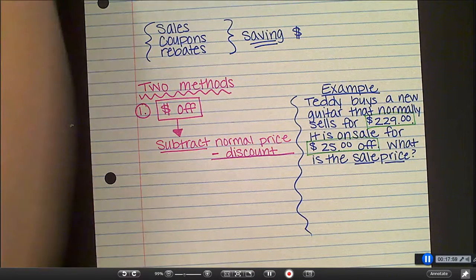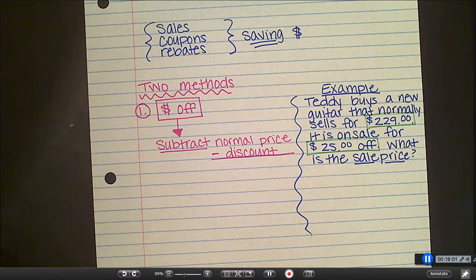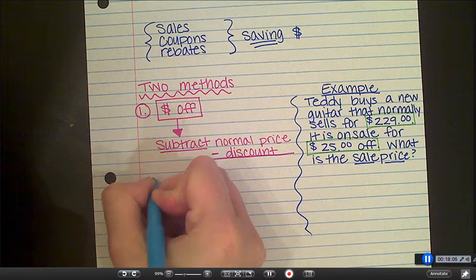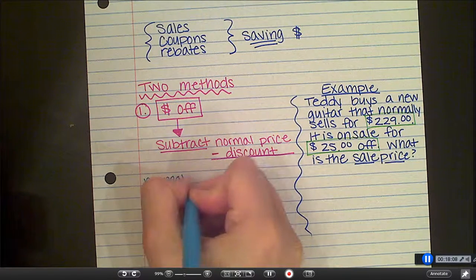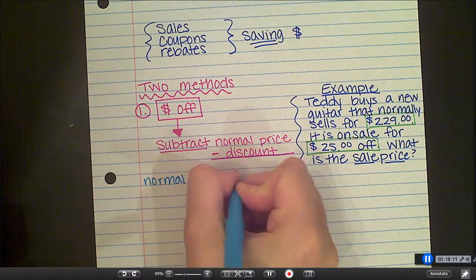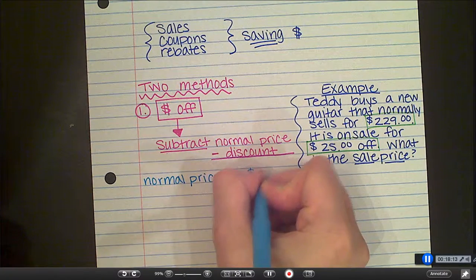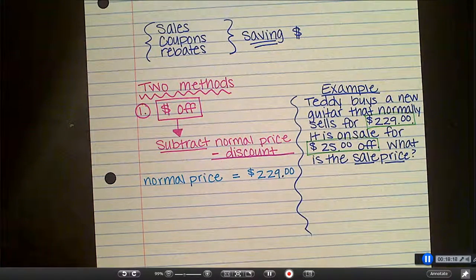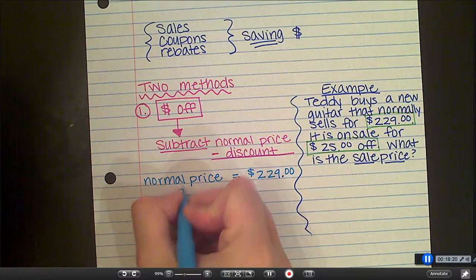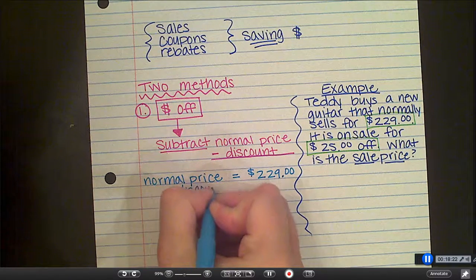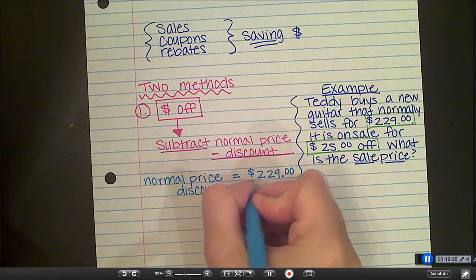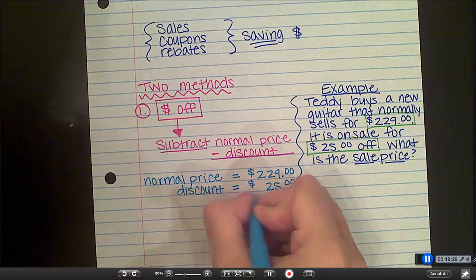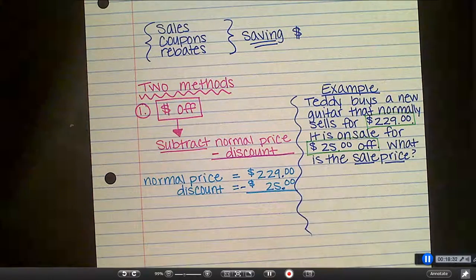So let's see what that might look like in this situation. Well, our normal price equals $229. And then our discount equals $25. So we need to make sure that we're lining up our decimal points just like we would anytime we're adding or subtracting.